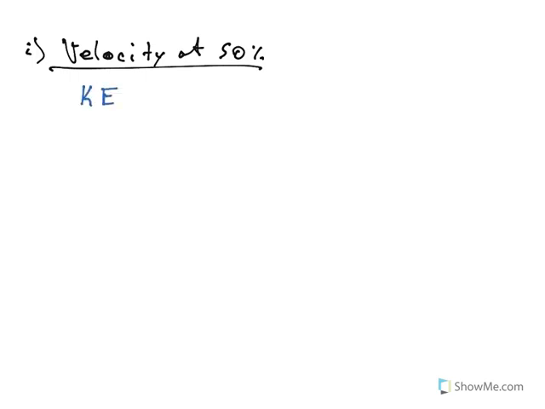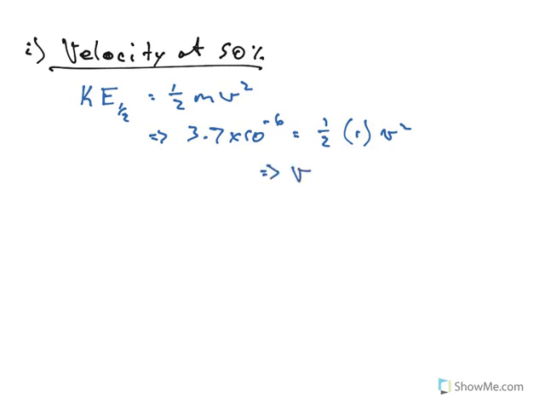Lastly, part I, I want to know what's the velocity. How fast is this block moving at this 50% mark, at this halfway point? Well, again, the kinetic energy at the halfway point is equal to 1/2 mv squared. So the kinetic energy, 3.7 times 10 to the minus 6, is equal to 1/2 the mass, 1 kilogram, times the velocity, which is what I want.